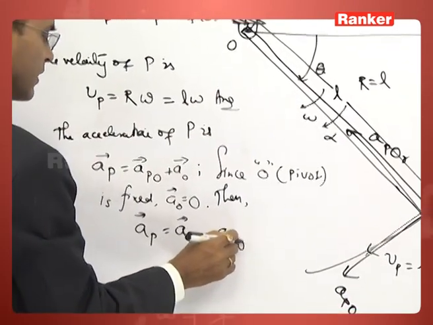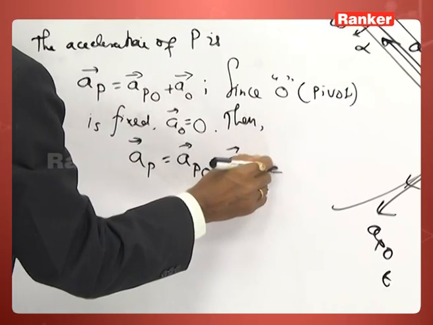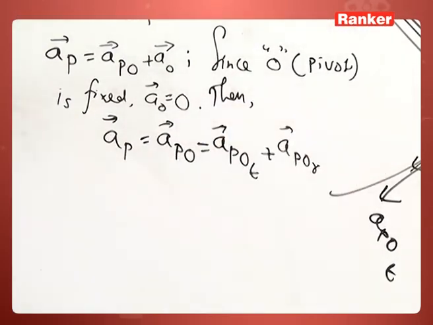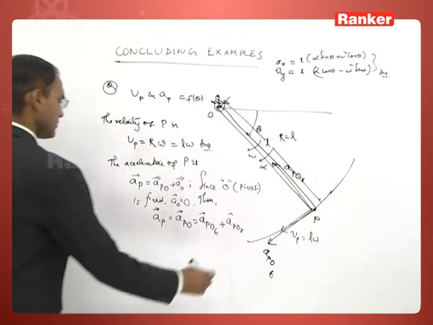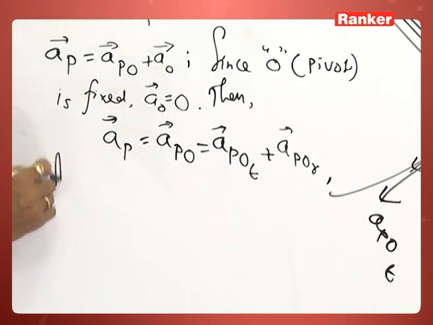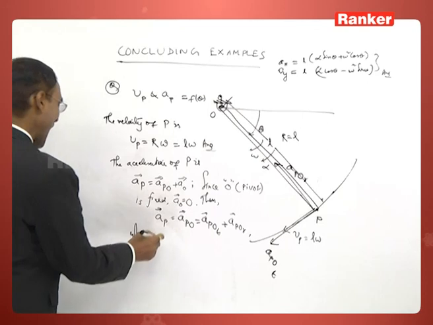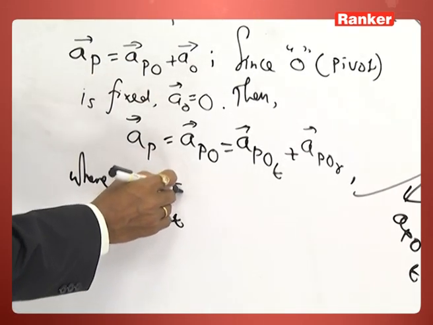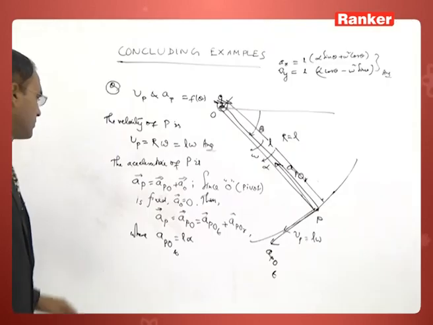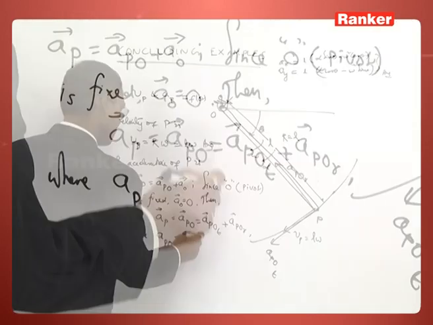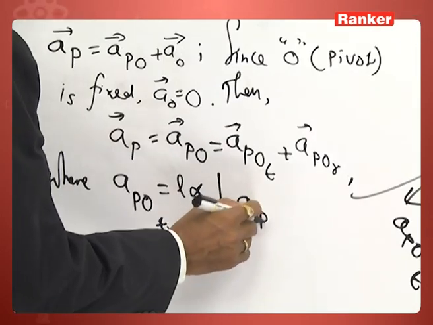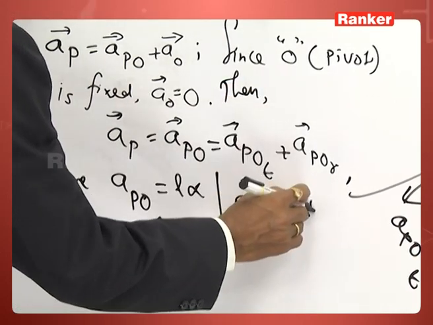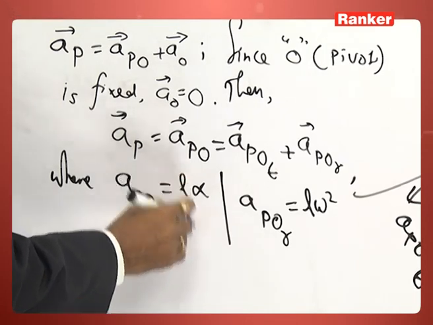One is tangential acceleration and second is radial or normal acceleration, where acceleration of this point P with respect to O along tangential direction is equal to L into alpha, and acceleration of the point P along radial direction is nothing but centripetal acceleration, that is L omega square.